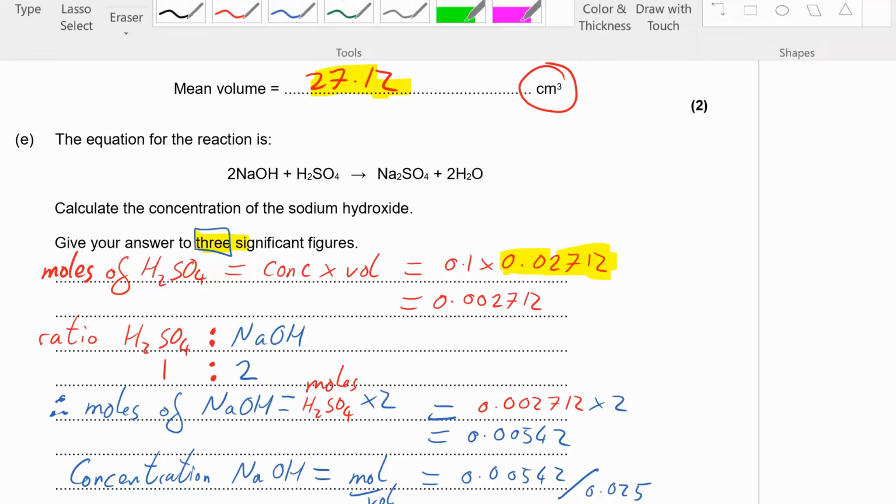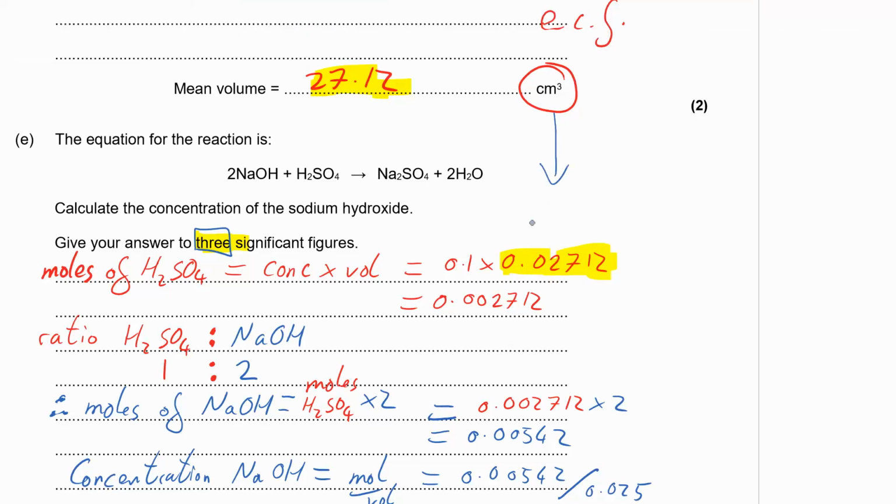Okay, all that's happened is you've converted centimeters into decimeters cubed. So essentially you divided by 1,000 to get it into decimeters cubed.